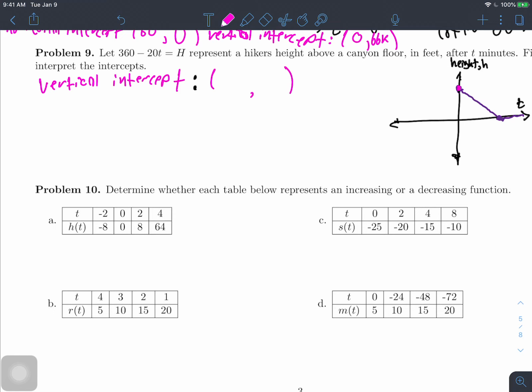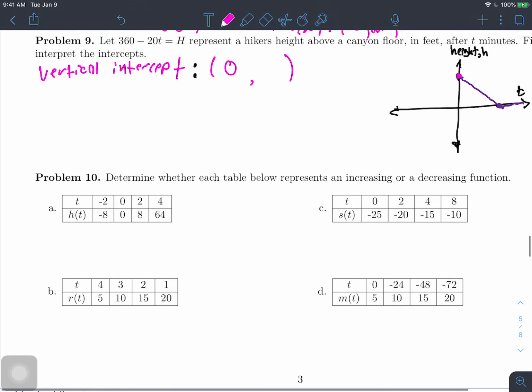That happens when our t value is 0. Okay? So t is going to be 0. So if t is 0, looking at our equation here, 360 minus 20t equals h. If we plug in 0 for t, what are we going to get for h? 360.